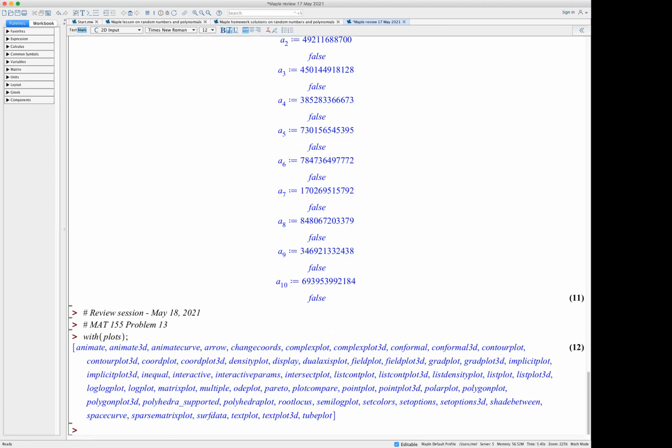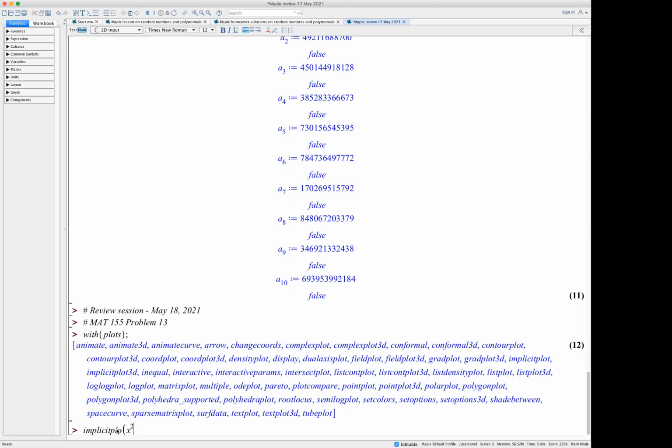And we want to graph this curve. So it's just implicitplot, and you type in the curve, x squared minus 11 times x times y plus 2 times x squared equals 22.